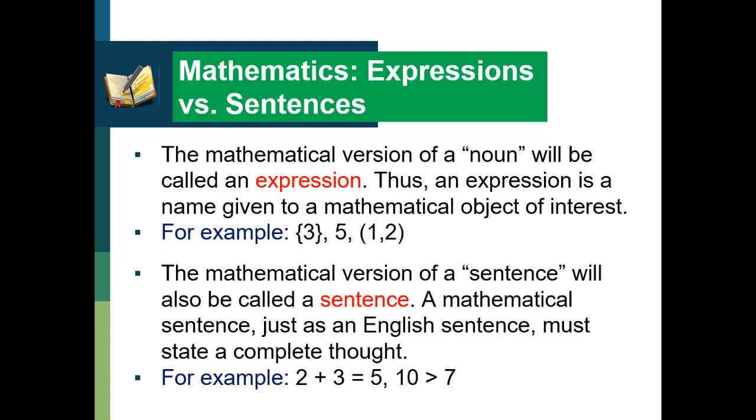This is a mathematical sentence. And 10 is greater than 7. This is also another mathematical sentence because it's complete. 2 plus 3 is equal to 5. 10 is greater than 7. So it's complete. The idea is complete. That's why it's a mathematical sentence.